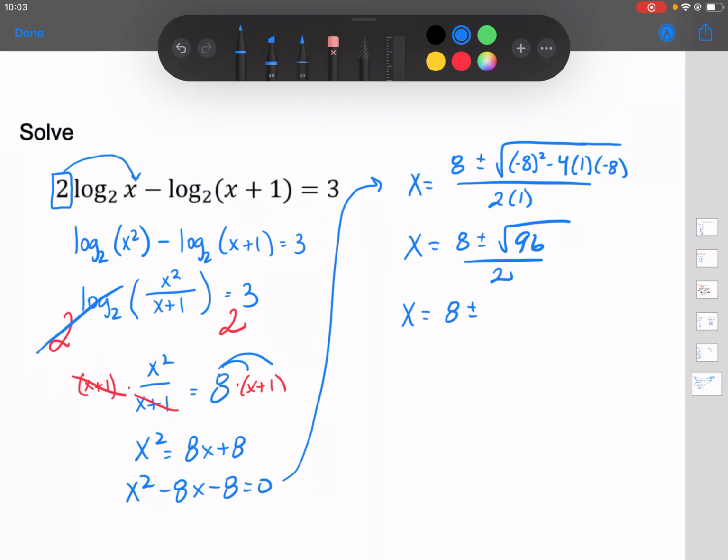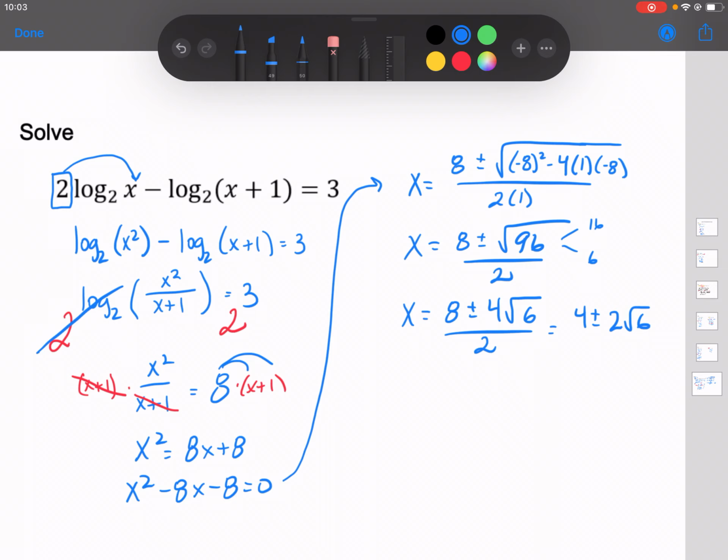Which I'm almost positive this is going to simplify. So 96 is divisible by 16. So it's the same thing as 16 times 6. And 16 is a perfect square, so this is 4 square root of 6 over 2. And so all of those are divisible by 2, so we've got 4 plus or minus 2 times the square root of 6.